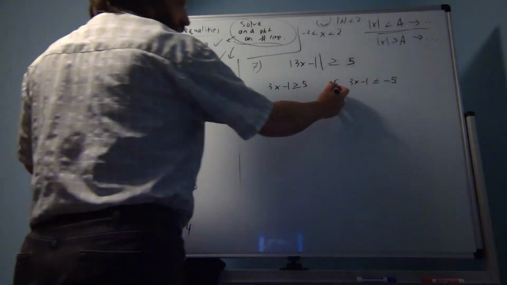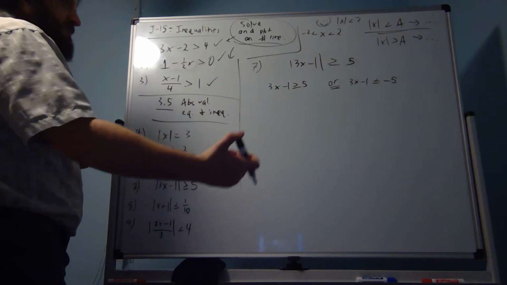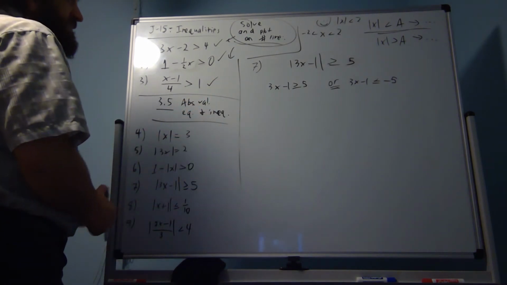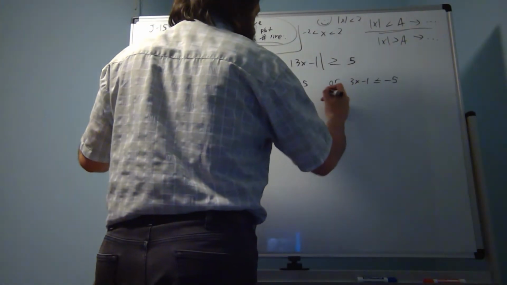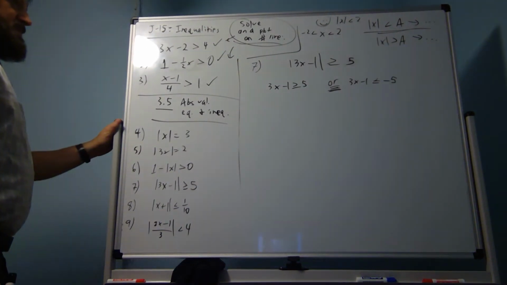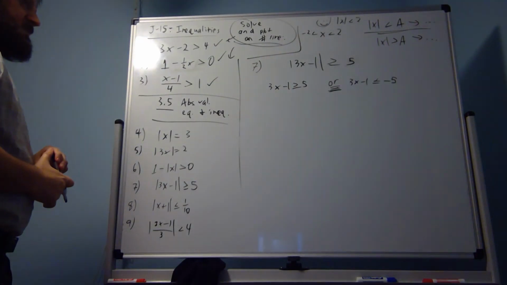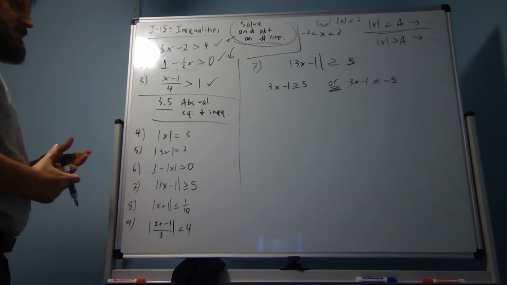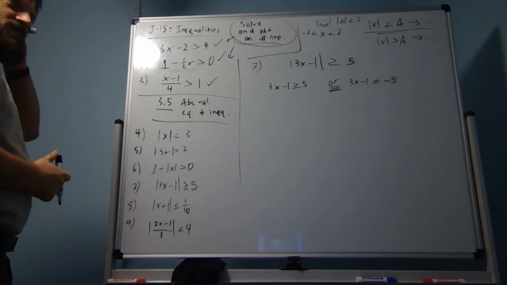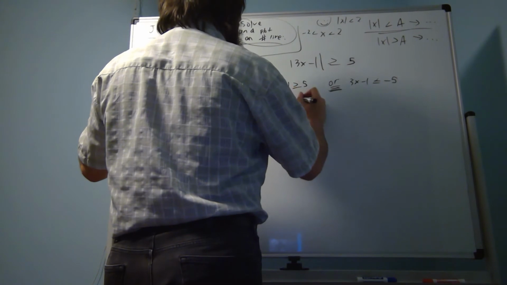But here we're saying only one of those two things, and there's no way that they can both be true at the same time. You can't be bigger than 5 and also be less than -5. There's this or statement. Most of the steps are exactly the same because they have in common the expression 3x minus 1. So we're going to do the same steps, but in two different things.